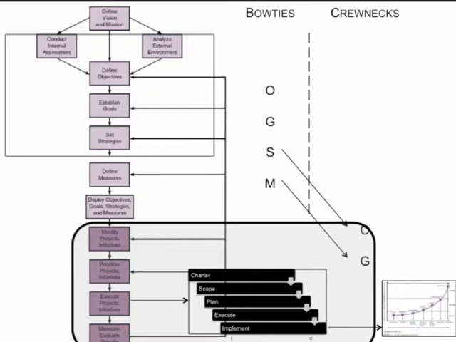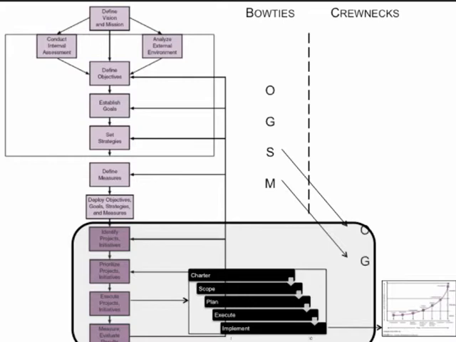The organization defines the objectives, then establishes goals, sets strategies, and defines measures. That's the OGSM model that we talked about.